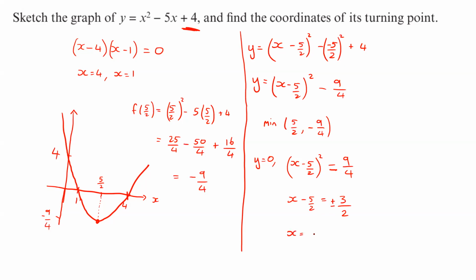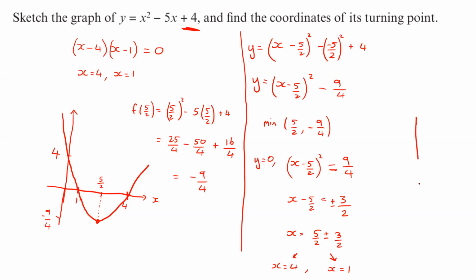So x is 5 over 2 plus minus 3 over 2. So if we work those out, 5 over 2 plus 3 over 2, so 5, 6, 7, 8, 8 divided by 2 is 4. Or, what we take away, 5 minus 3 is 2, 2 divided by 2 is 1, so x is 1. They're exactly the same as what I got originally.